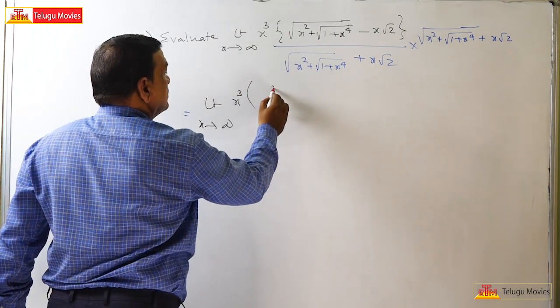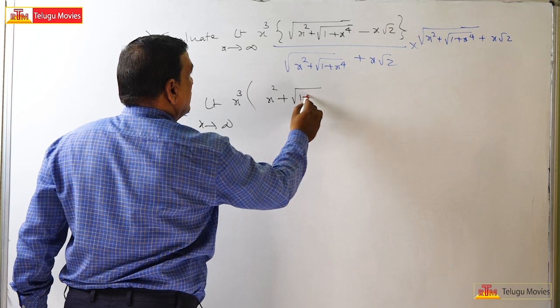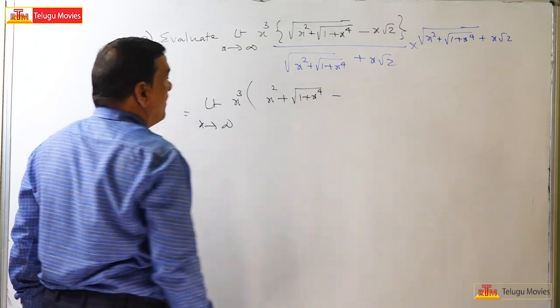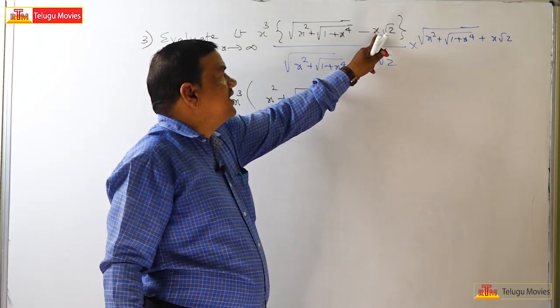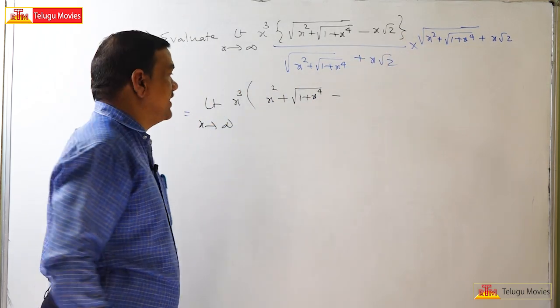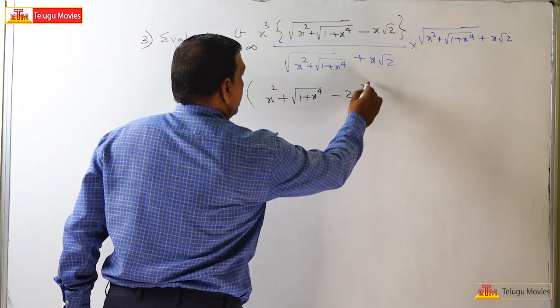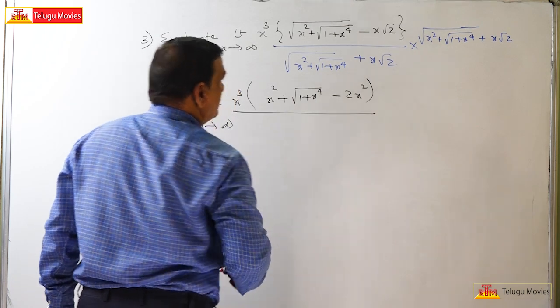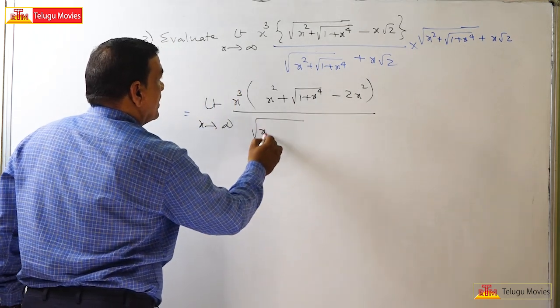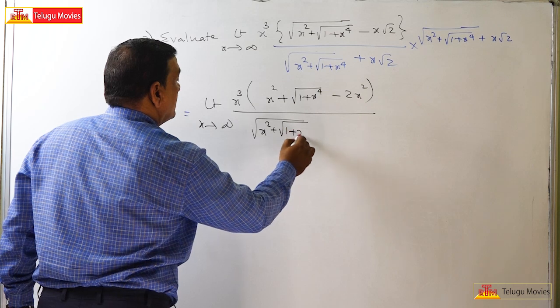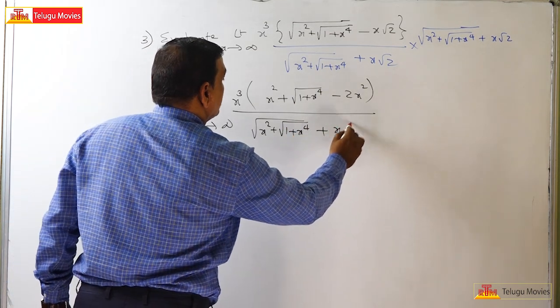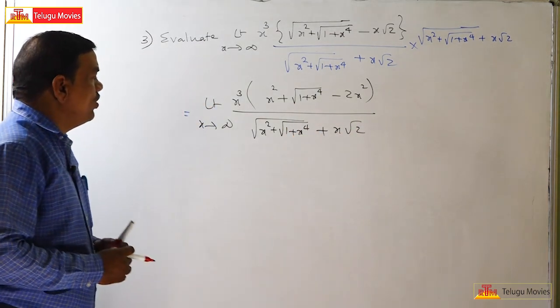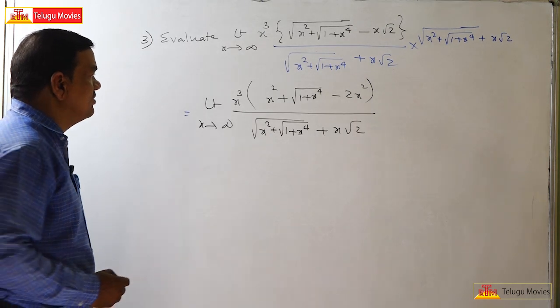So here x square plus root of 1 plus x to the power of 4 minus 2x square, divided by square root of (x square plus root of 1 plus x power 4) plus x root 2. Any more cancellations or simplifications?